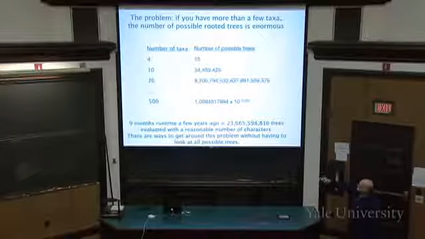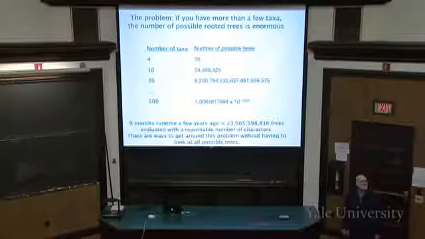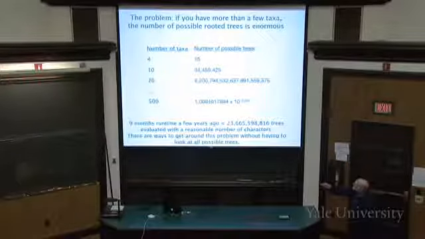So if you have 500 species and a reasonable number of characters, you would only get a tiny fraction of those trees covered, and you would wait 9 months to get your answer. It's gotten a little better than that recently, but not much. Okay? So there are ways to get around this problem.